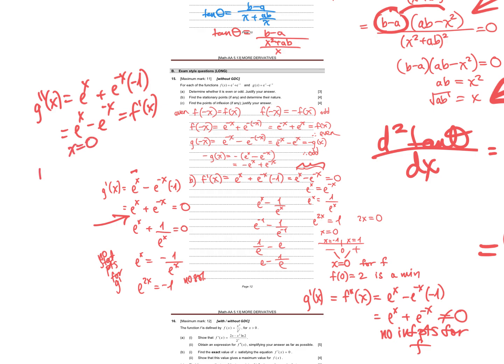So if we do g prime at -1 and g prime at 1, we have already done that. This is a negative number and a positive number. So this is a point of inflection here at x equals 0. And if we sub in g at 0, that's going to be 1 minus 1, which is 0. So because it changes concavity, it's a point of inflection.